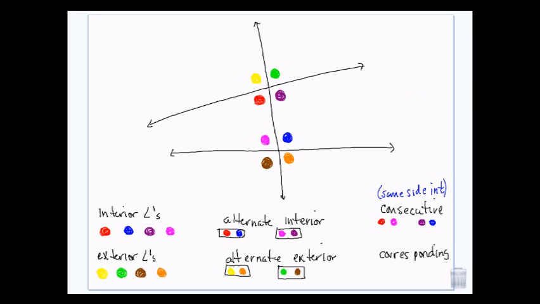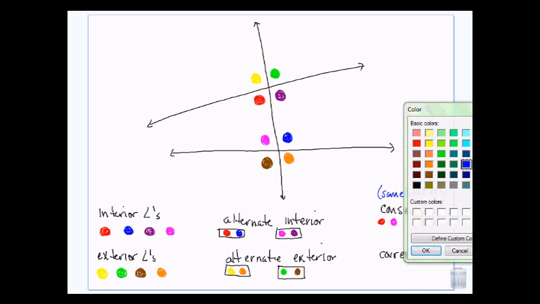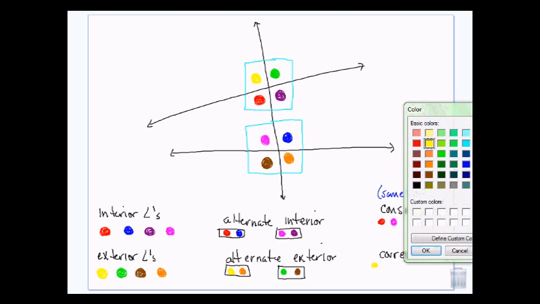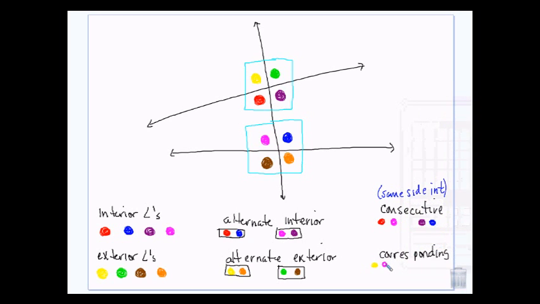No. Okay, when we look at corresponding angles, they're in the same position. So like if I were to draw a square around this, and if I were to draw a square around this, okay, corresponding angles are in the same position in that square. So top corner, top corner. So yellow and pink go together. Green and blue go together because they're in the top right-hand corner.